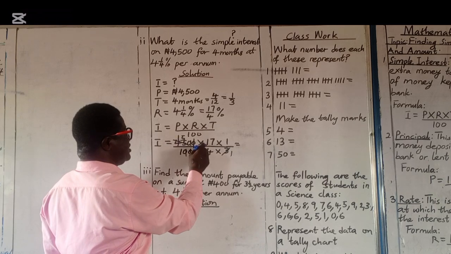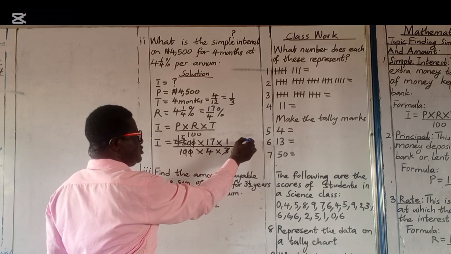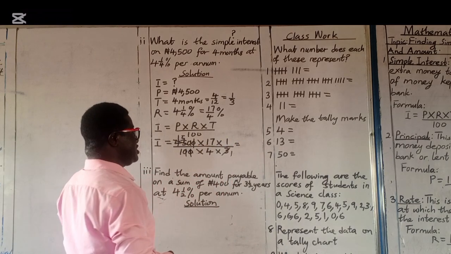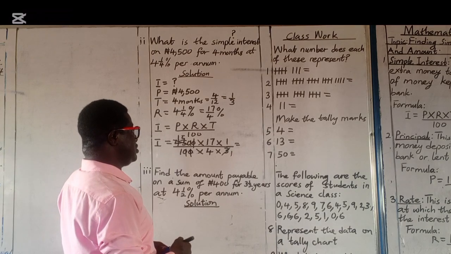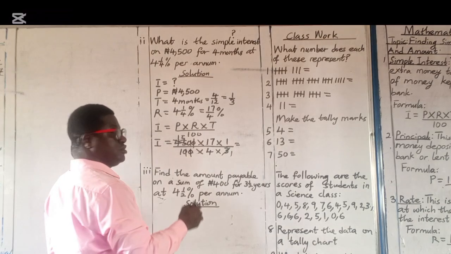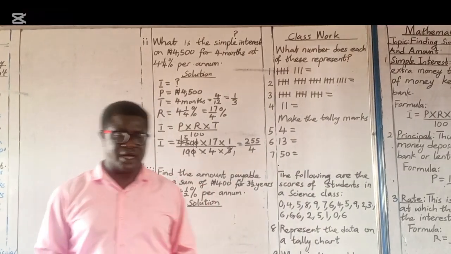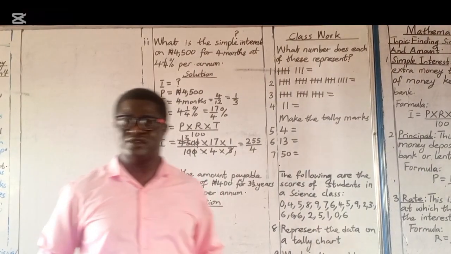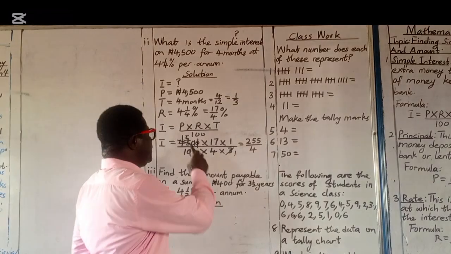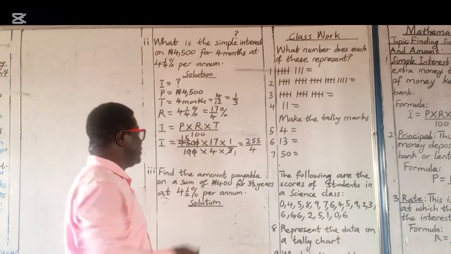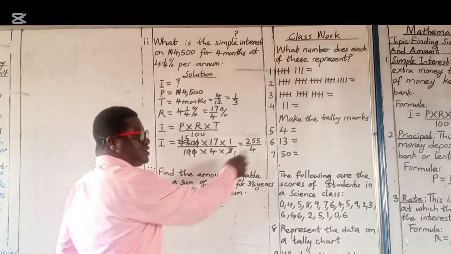So 15 times 17 times 1. Please do that for me now. Alright, welcome back. So now you have solved it, right? 15 times 17 is 255. 1 times 4 times 1 is 4, right?